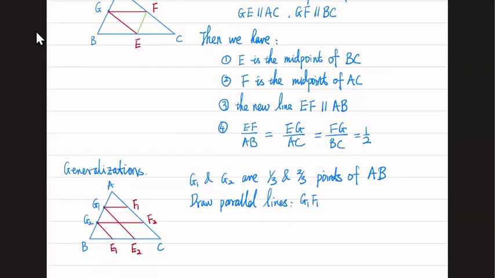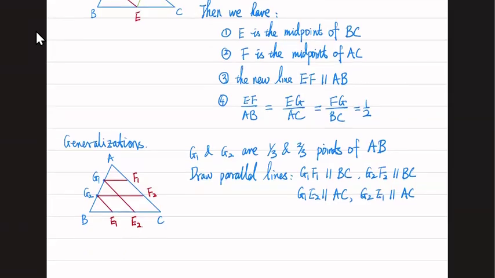G1, F1 parallel to BC, G2, F2 parallel to BC, G1, E2 parallel to AC, G2, E1 parallel to AC. It's what you see on the graph.